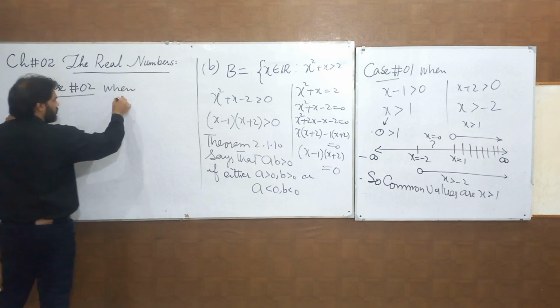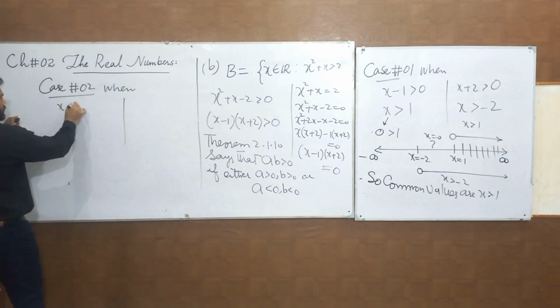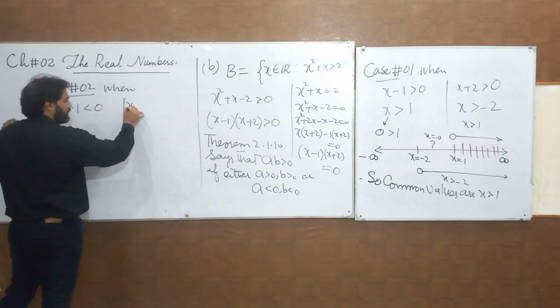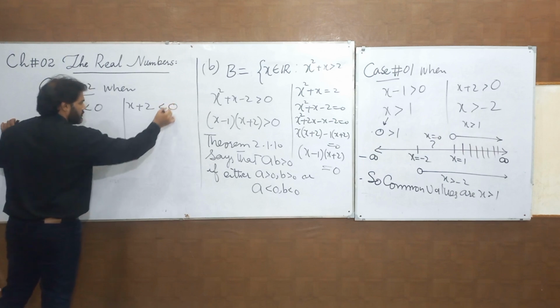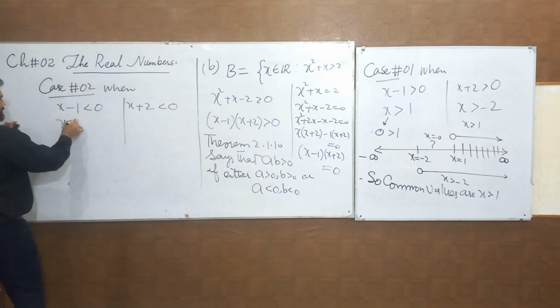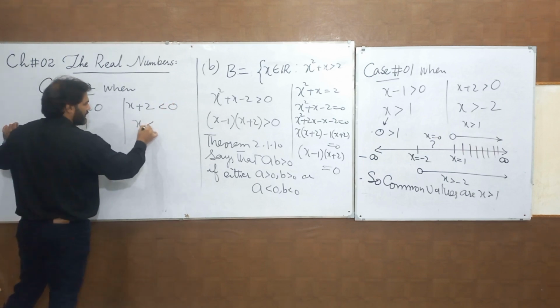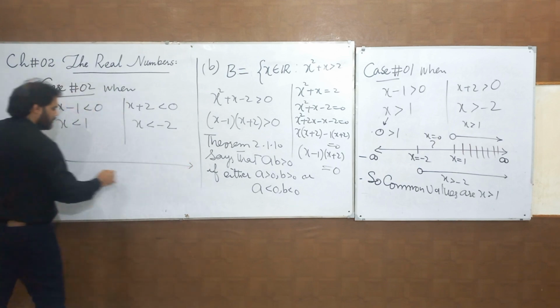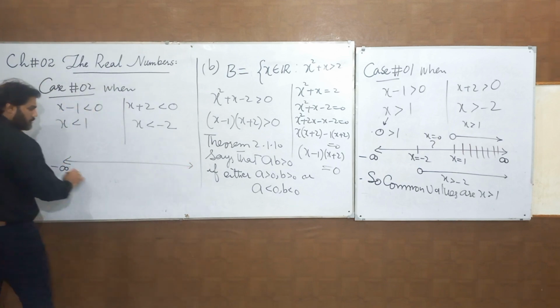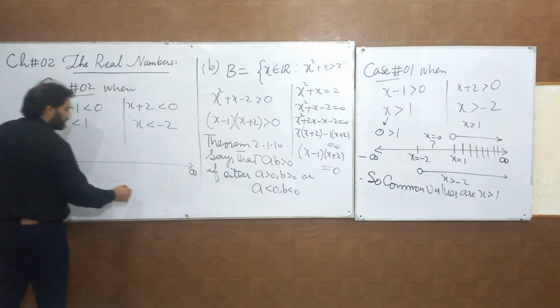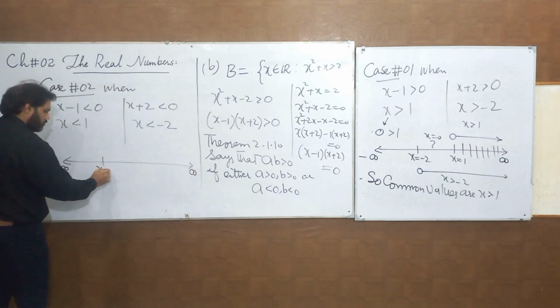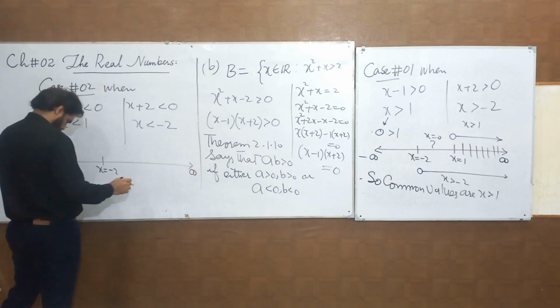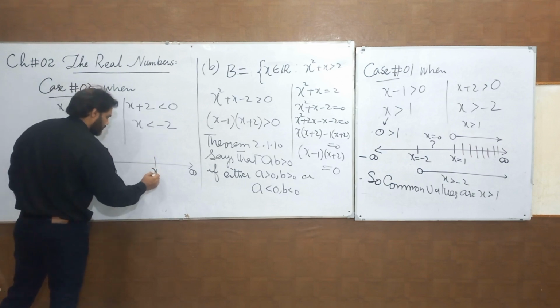When both of the factors are negative, meaning x minus 1 is less than 0 as well as x plus 2 is less than 0. From here x is less than 1, and from here x is less than minus 2. Again we can draw the number line. This is x equal to minus 2, and this is x equal to 1.